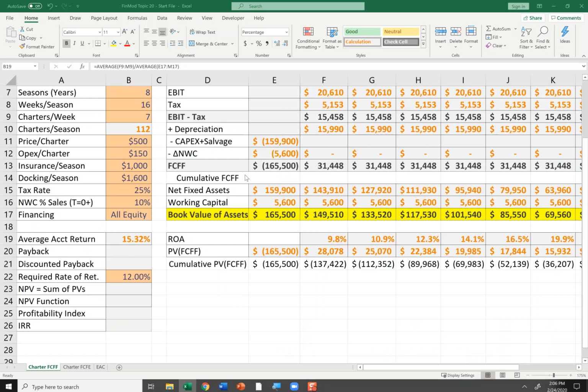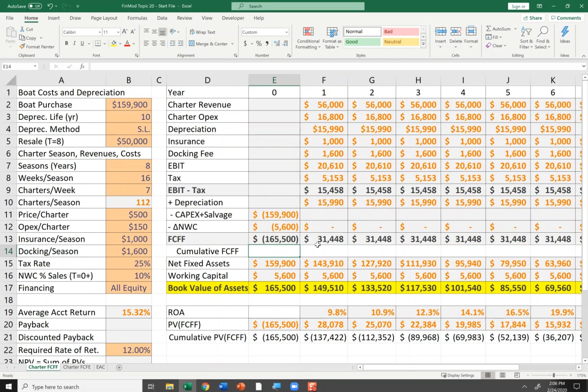What I'll do is I'll go to my free cash flows right here, and let's calculate something called cumulative free cash flows. Remember, this is period 0. So I'm going to start off in period 0, 165,000 in the red. I'm in the hole. And then at the end of the first year, I'm going to add to it the $31,000.